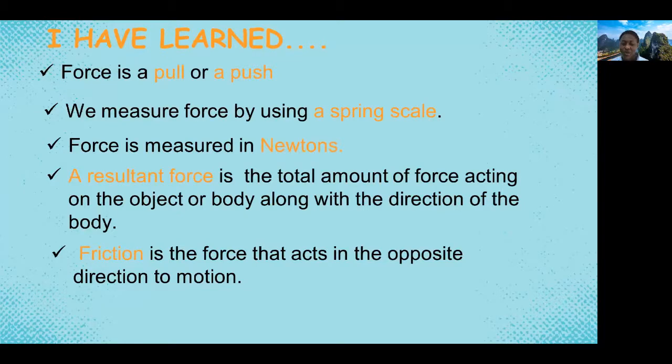Motion means movement. This is what I have learned here, and many other things: how to increase friction, how to reduce friction, and where to apply friction in our daily lives, because when you are walking, you know that you are walking because of friction.